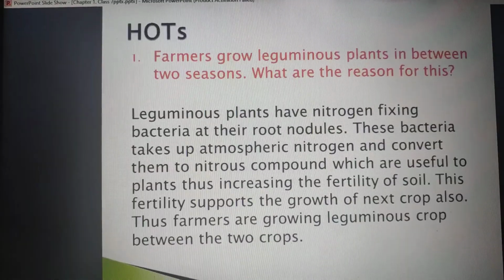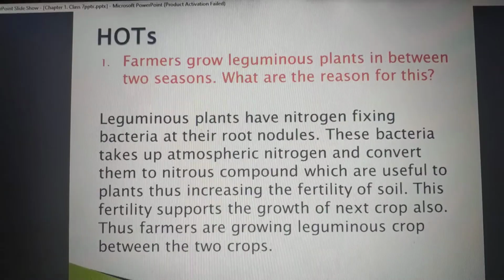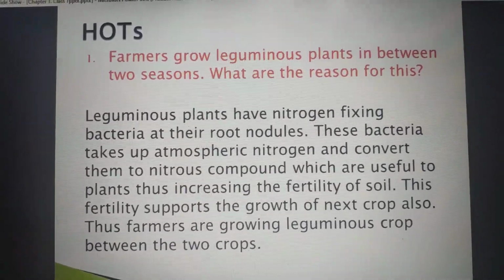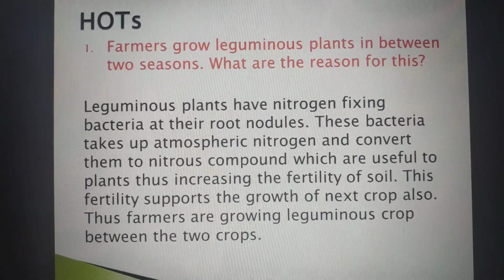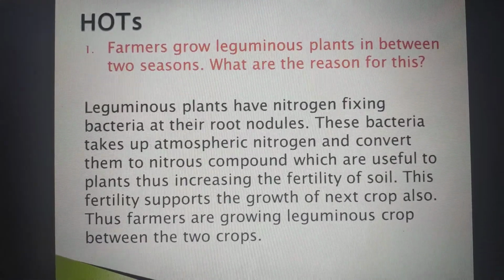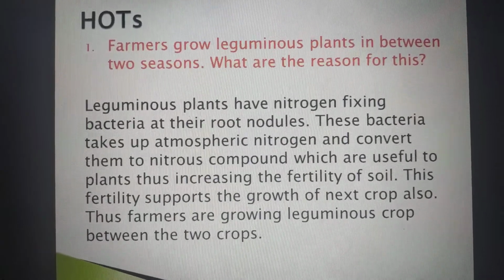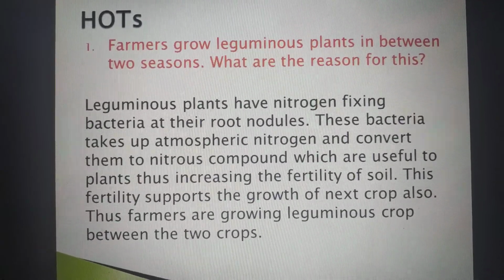Okay. Now write down the first HOT question. Farmers grow leguminous plants in between two seasons. What are the reasons for this? Leguminous plants have nitrogen fixing bacteria in their root nodules.